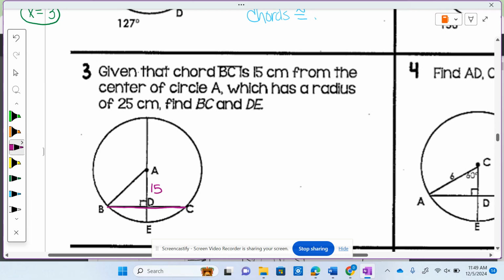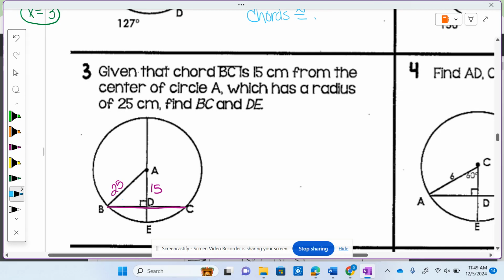That is the 15 centimeters from the center of circle A, which has a radius of 25. Where is the 25 radius going to be? What segment represents my radius? AB is my radius. We have to find chord BC and chord DE.